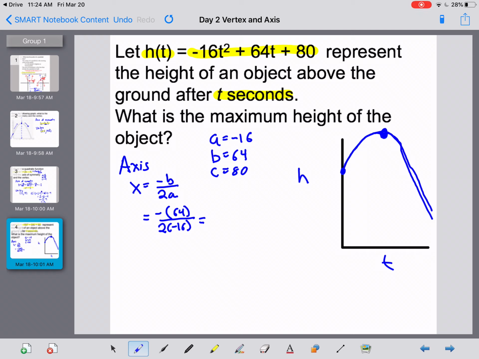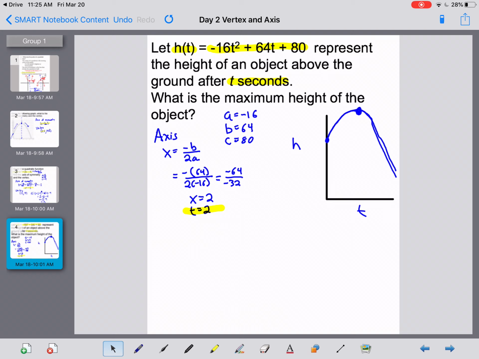Negative times a positive 64 gives me negative 64. 2 times negative 16 is negative 32. Negative 64 divided by negative 32 is 2. So I get that x equals 2. But remember, in this problem, our x is t, so we have t equals 2. That means that the time is 2 seconds for this object to reach its maximum height.